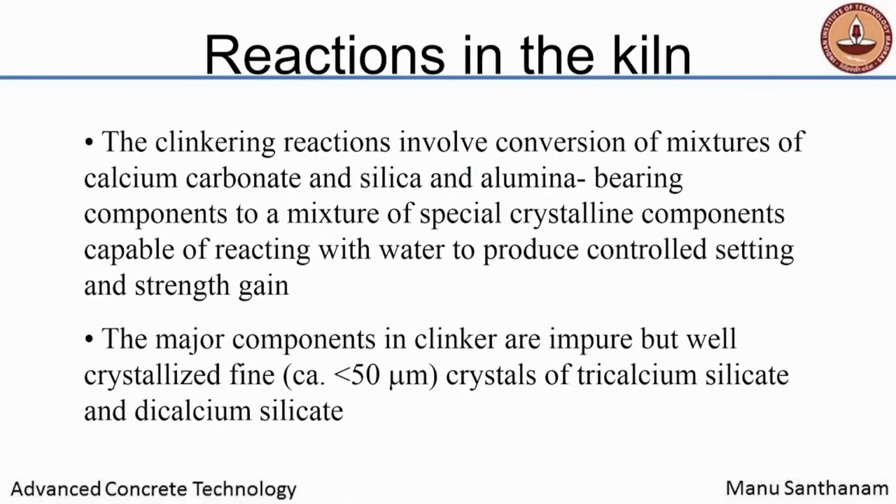These are extremely important to understand, to figure out the sequence in which the reactions take place. There are calcium carbonate materials and silico-aluminate materials which have to combine in some way to produce the cementitious compounds. What you ultimately want is a material that has a controlled rate of reaction with water.